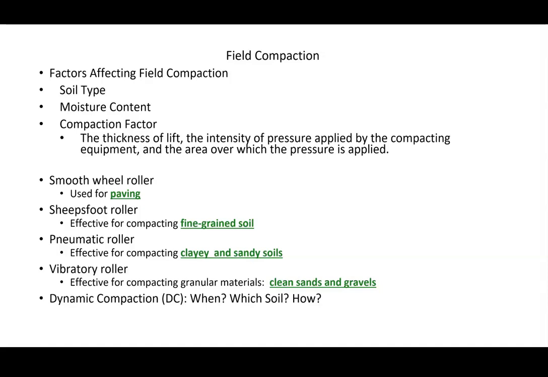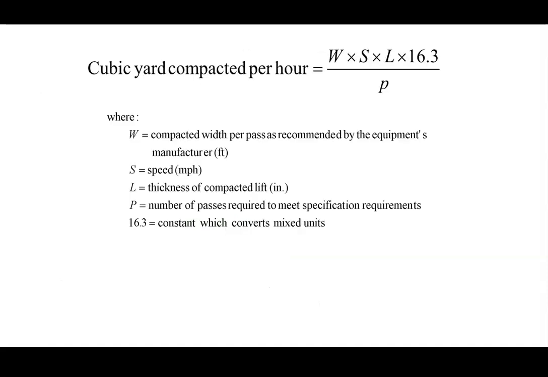We also reviewed a couple of rollers that are used for soil compaction: a smooth wheel roller, sheep foot, pneumatic, vibratory, and dynamic compaction. So make sure that you review those slides and understand which type of roller is suitable for which type of soil.